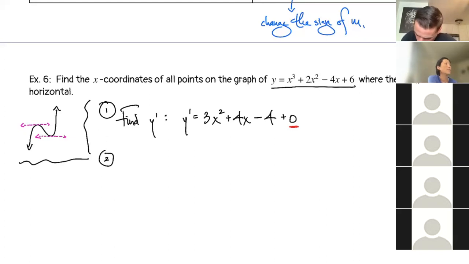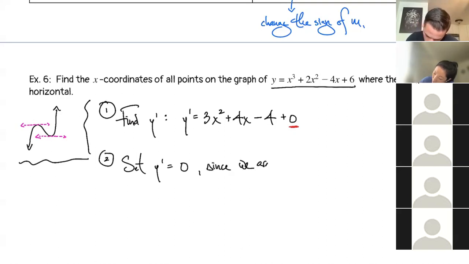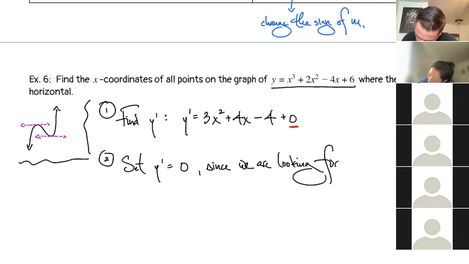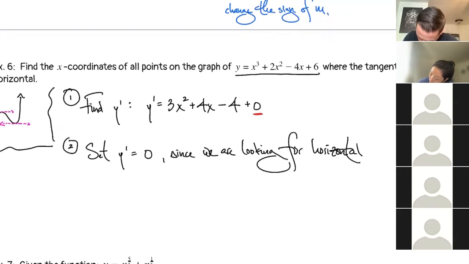And then, depending on the question, that will tell us what we need to set this derivative equal to, okay? So we're going to set y prime equal to 0, since we are looking for horizontal tangents.